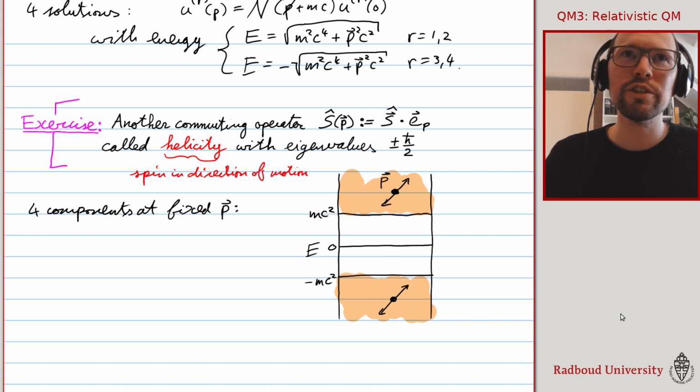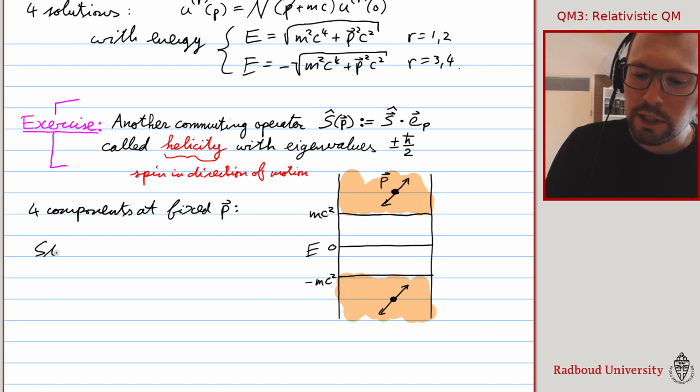But as you can see, we're still in the slightly inconvenient situation as in the case of the Klein-Gordon equation. We still have these negative energies.